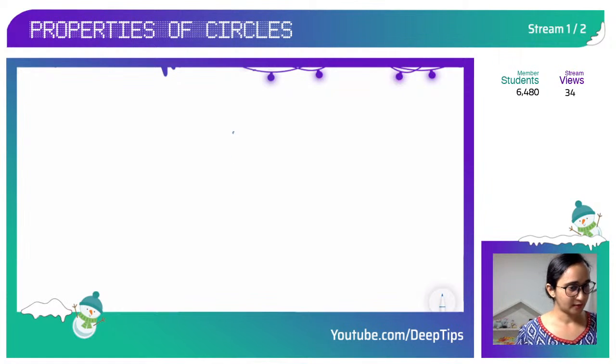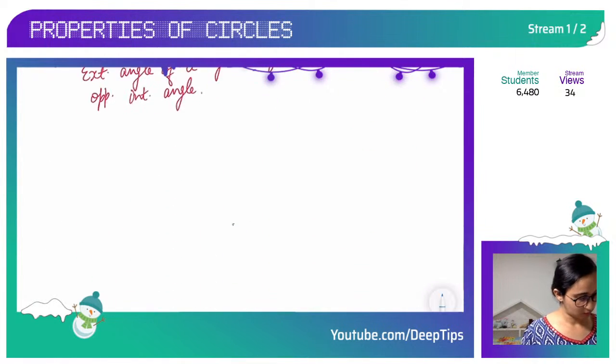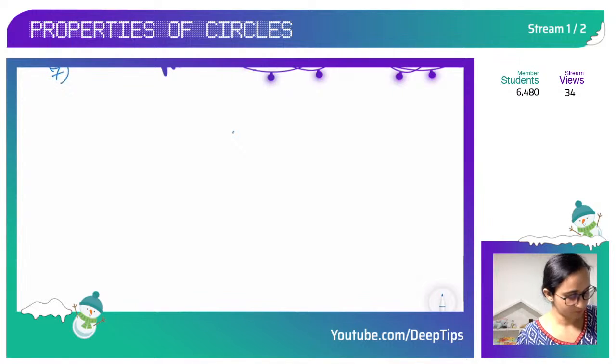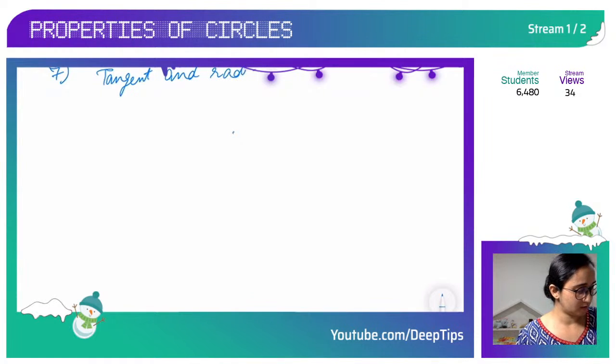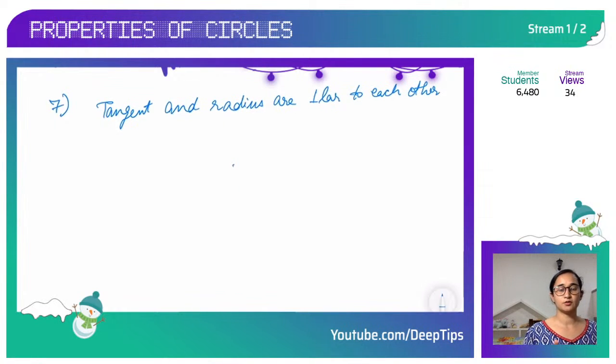This is theorem number 7 now, which says the tangent and radius are perpendicular to each other.